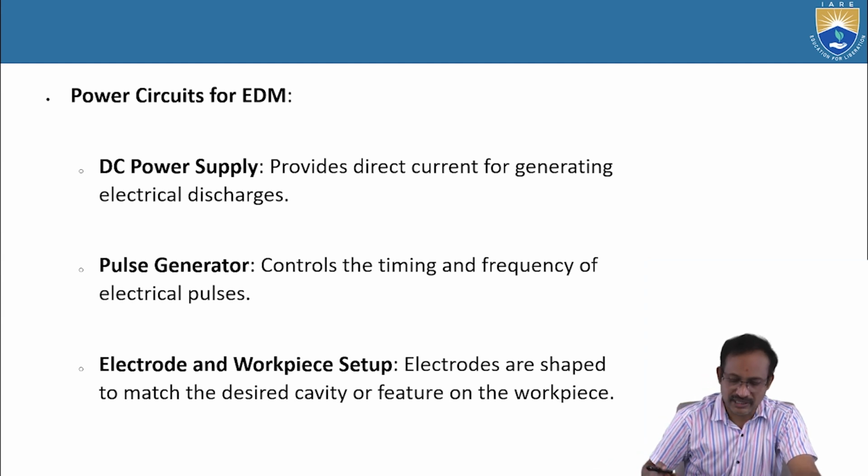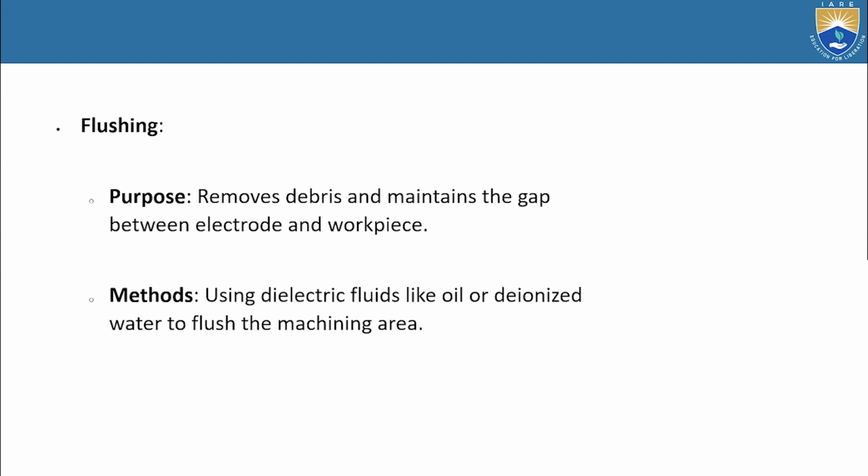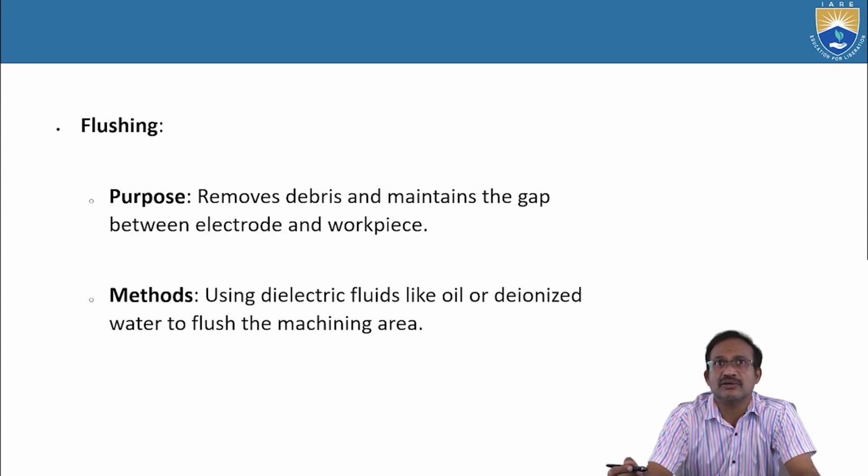Flushing. Purpose: removes debris and maintains the gap between electrode and workpiece. Methods: using dielectric fluids like oil or deionized water to flush the machining area.